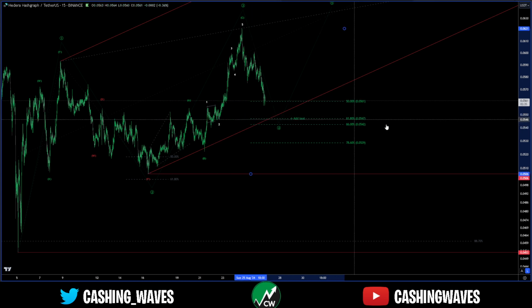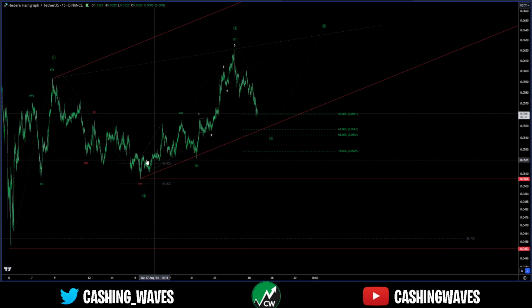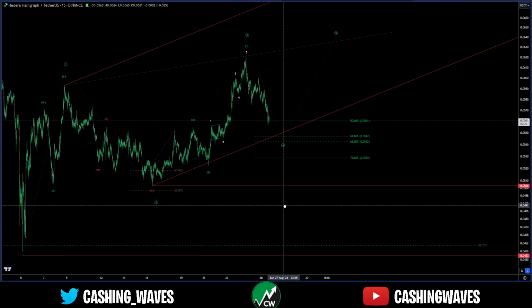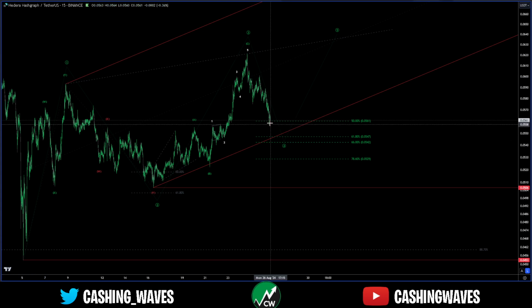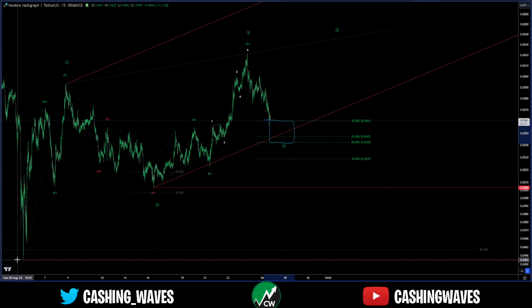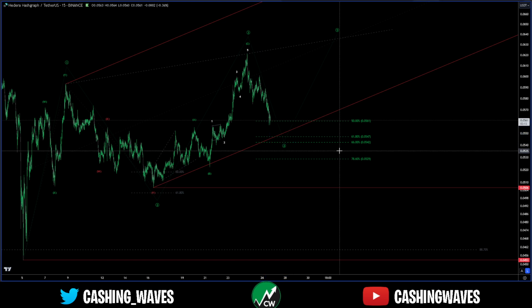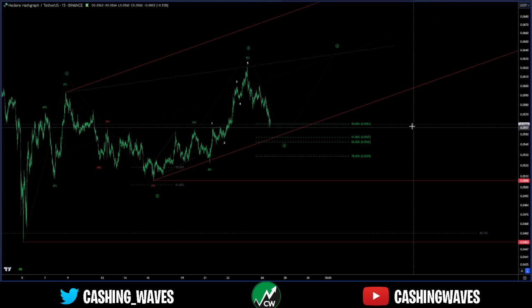So we are between the 50 and the 618 currently. Wave 2 held between the 50 and the 618 as well. So ideally we hold in this zone so we can keep our contracting nature and not come to the 786 if possible. Otherwise we start risking being an expanded diagonal, which are less common, less probable, right? So we want to stick with probabilities.